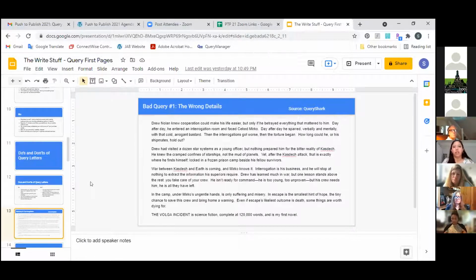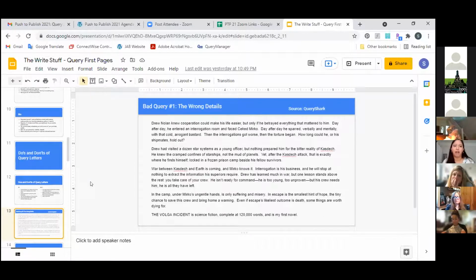So in this query, this is a sci-fi novel. I'm not going to read the whole thing, but in the first paragraph we introduce a main character who is apparently being interrogated. He's facing off with some guy. They are sparring, the interrogations get worse, it's torture. So the first paragraph is kind of interesting, this guy is presumably held captive.